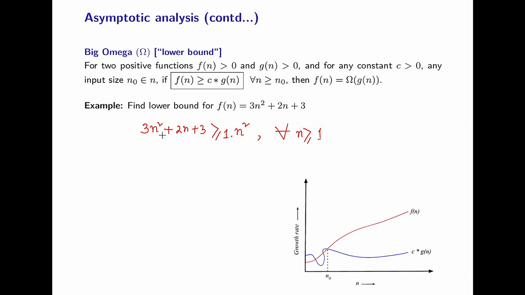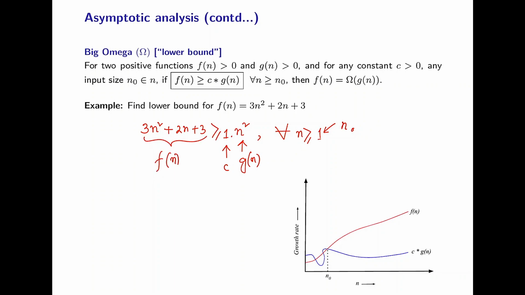If you put the value of n as 1, you will see that this left hand side term is greater than or equal to the right hand side term. And it is true for n equal to 2, 3, 4, 5, 6, any value from this point. So what is the value of n naught? n naught here is 1. What is g(n)? g(n) is n square. What is c? c is 1.